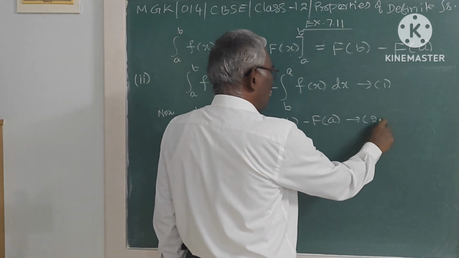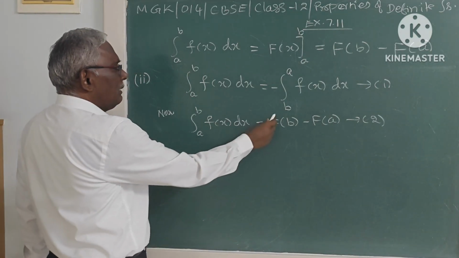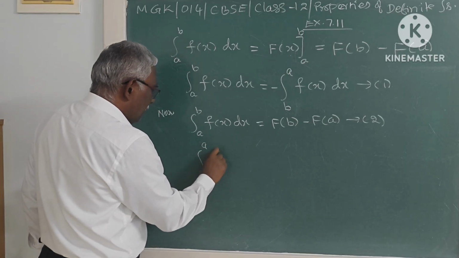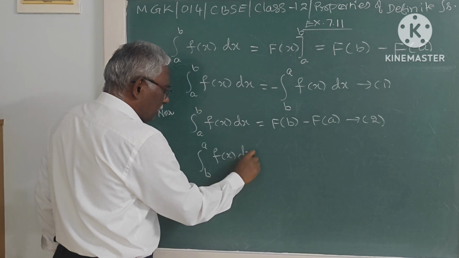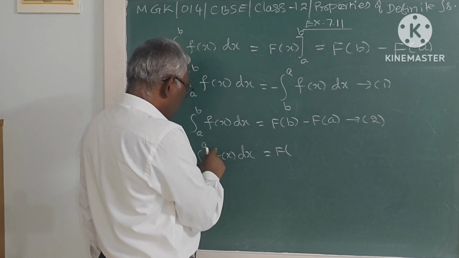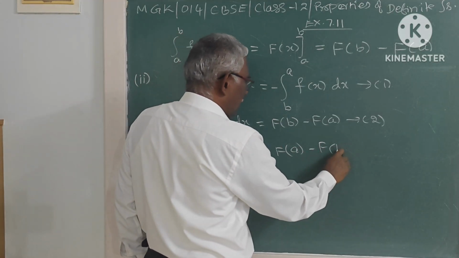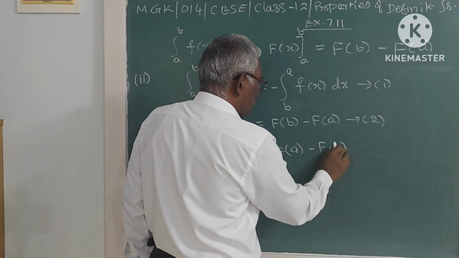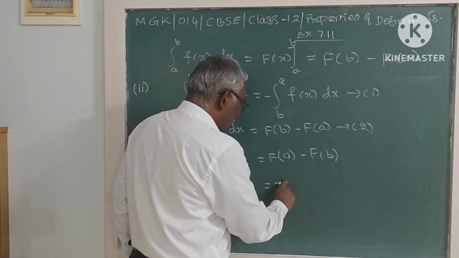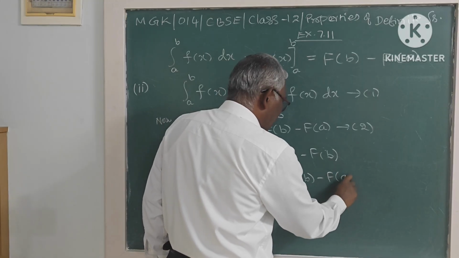We call this equation 2. Then what is integral b to a f of x dx? This is equal to F of upper limit a minus F of lower limit b. So we can take a minus sign outside and write this as minus of F of b minus F of a.